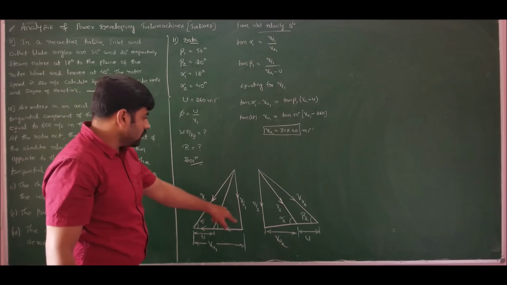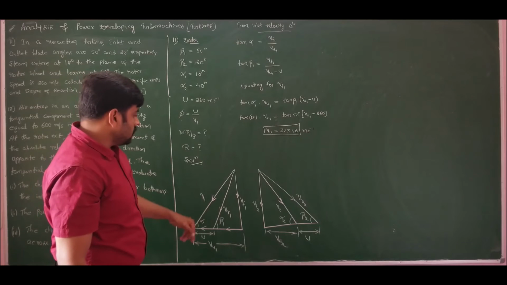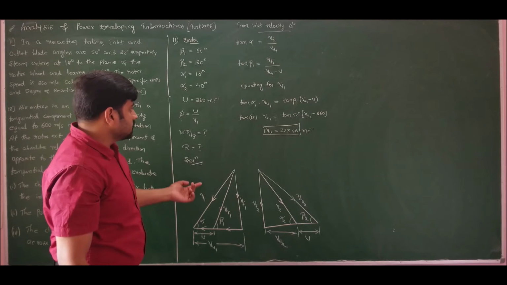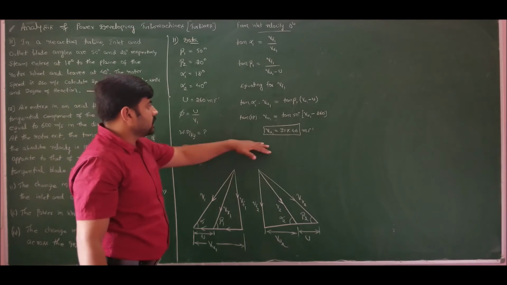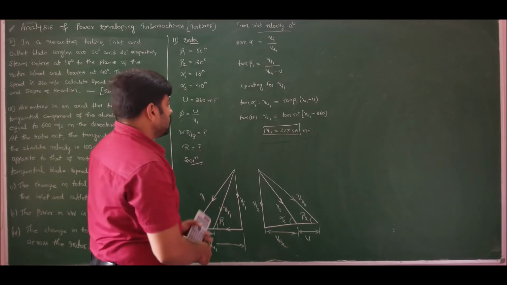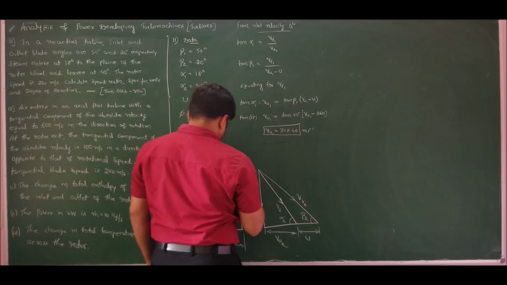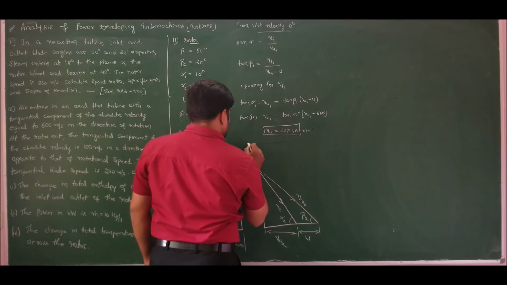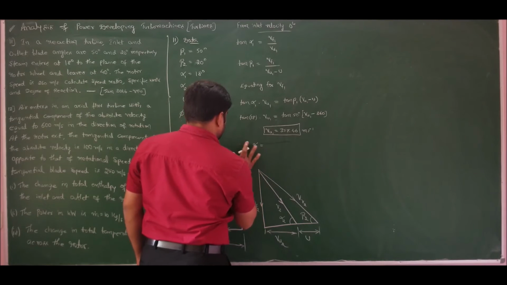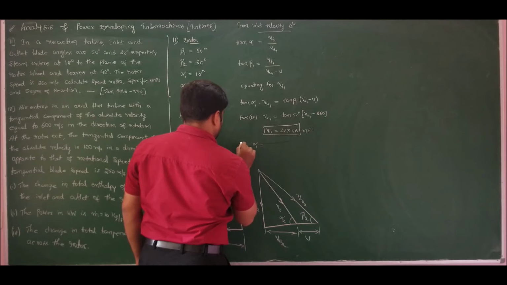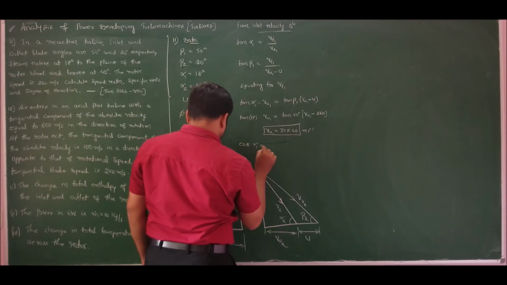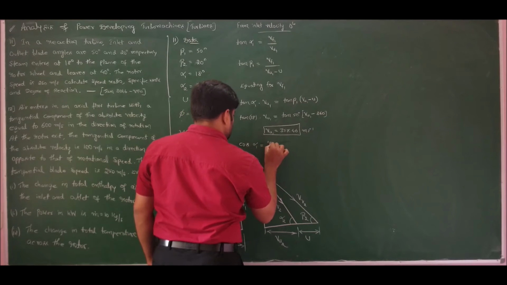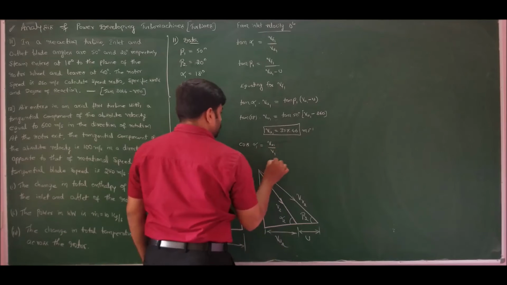I took this approach because we know the value of alpha 1 and beta 1, and for these two, Vf1 is common. So I thought, let me solve like this, and I got the answer for Vu1. Now I can find V1 using cos alpha 1, which is Vu1 by V1.